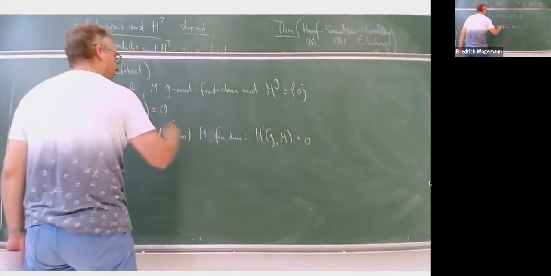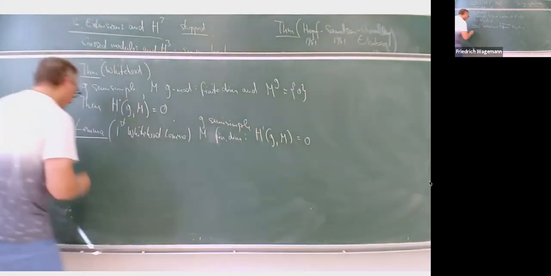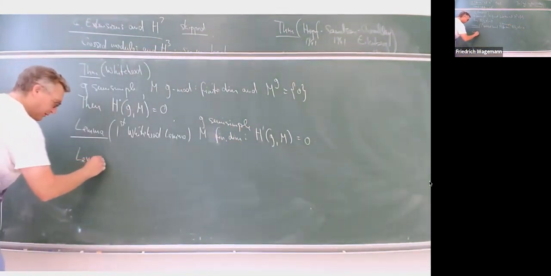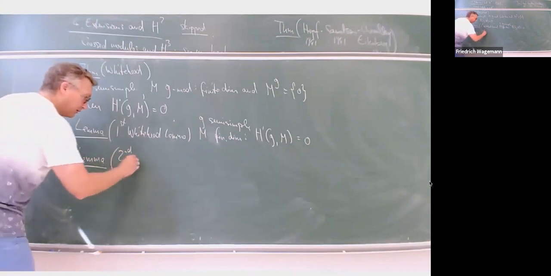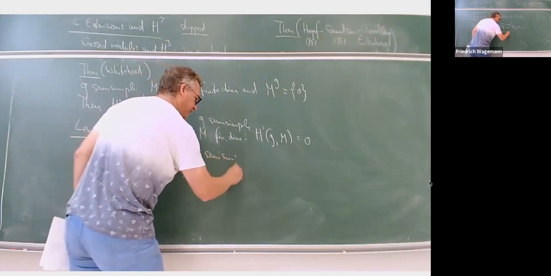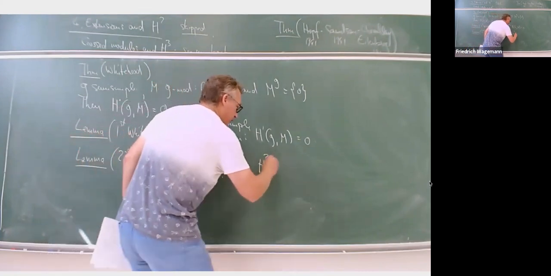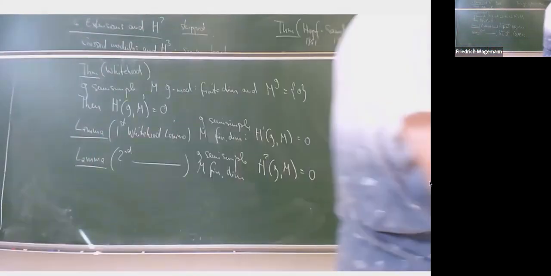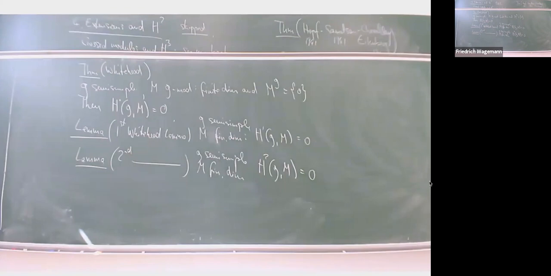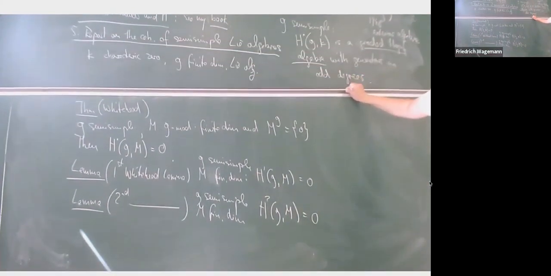Did I say G semi-simple? G semi-simple. And the second Whitehead lemma: G semi-simple and M finite dimensional, H2 of G with values in M is 0. And so let me not get into proofs here. This is just to tell you what is known about the cohomology of semi-simple Lie algebras. Maybe, yeah, this is Samelson.